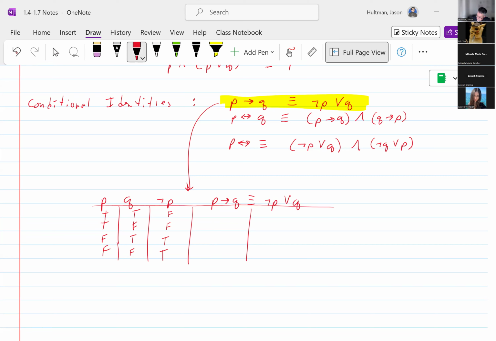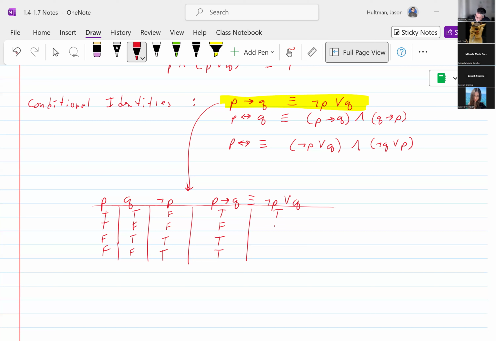If it's true to true, it's true. If it goes true to false, it's false. If it goes false to true, it's true. And if it goes false to false, it's true. Okay, what about not P? Not P is false with Q. So false or true is true.